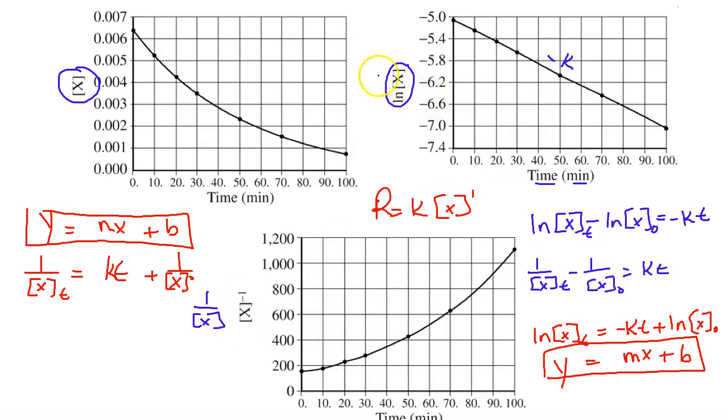So it screams first order because of the linear line that we get when we plot ln of x as the y. And of course, if it was 0 order, it'd be a straight line, and that's what you get when r equals x to the 0 order. So clearly we got a winner here.